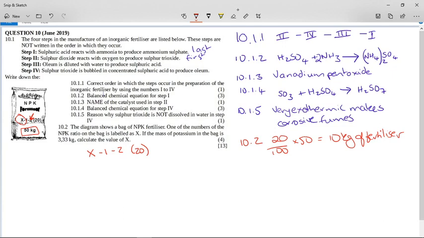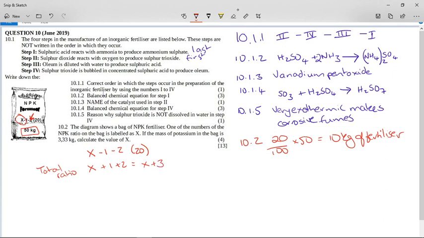So what you just have to do here is remember this X12 is a ratio. The total ratio is going to be X plus 1 plus 2, which is the same as X plus 3.